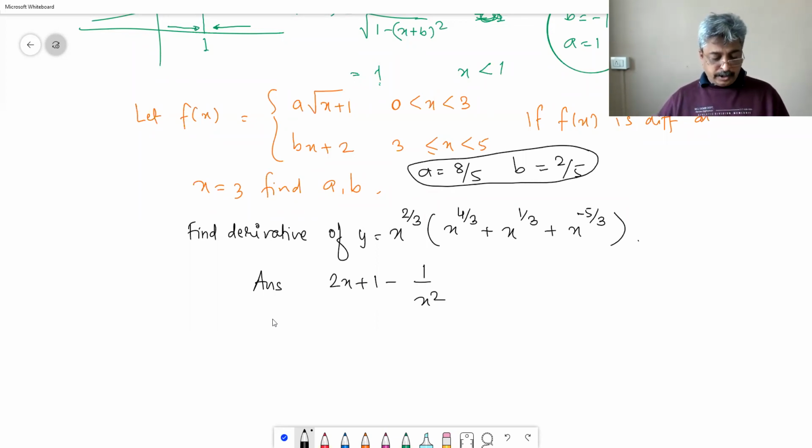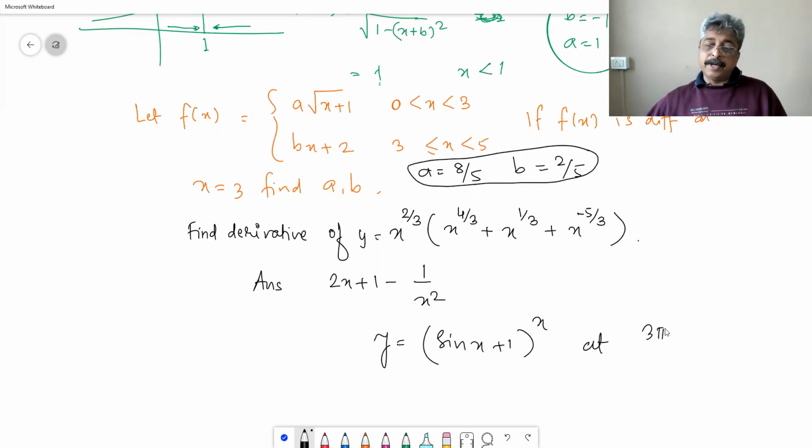Now let me see whether this is difficult. Find the derivative of y is equal to sin x plus 1 raised to x at x is equal to 3 pi by 2.